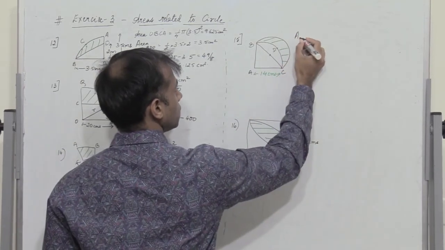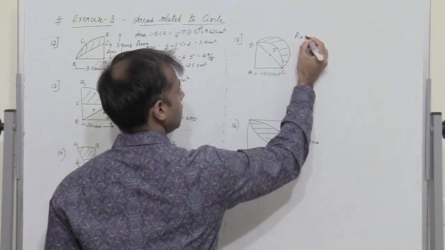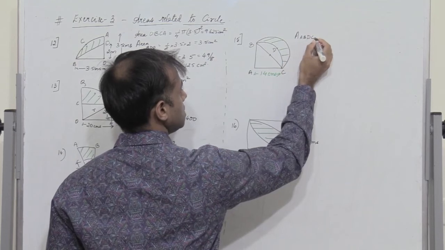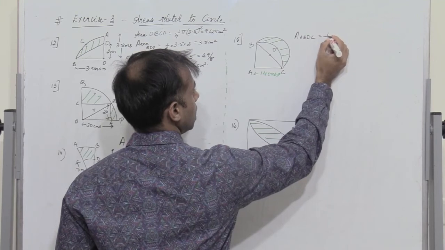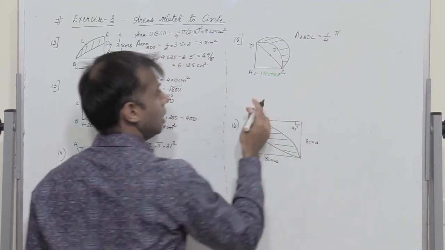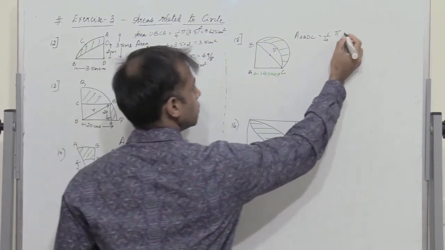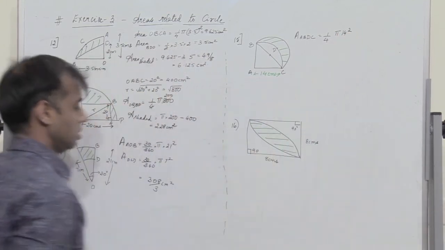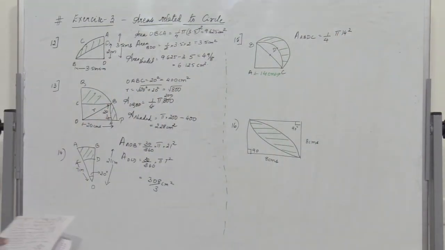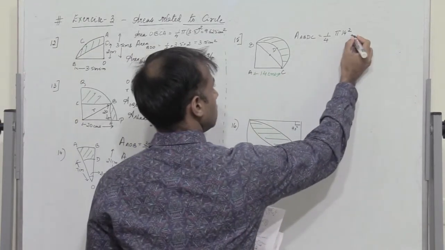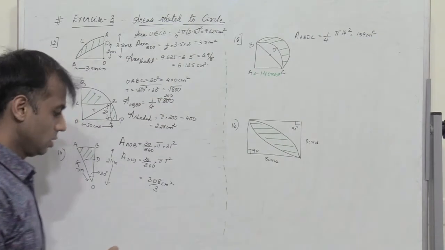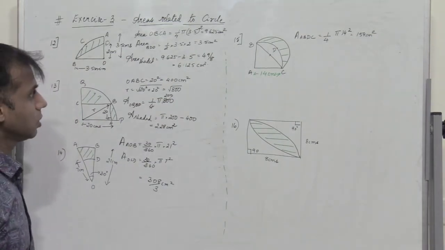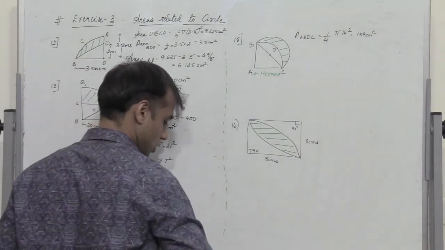So area of the quarter circle, which is ABDC, would be 1 by 4 into pi. So the radius is 14 square, right? So we get this area as 154 centimeters square, right?